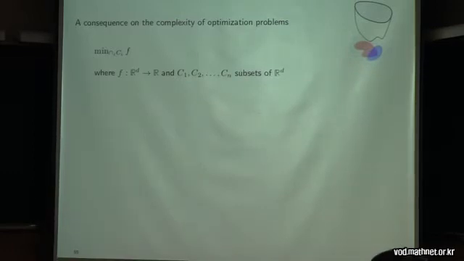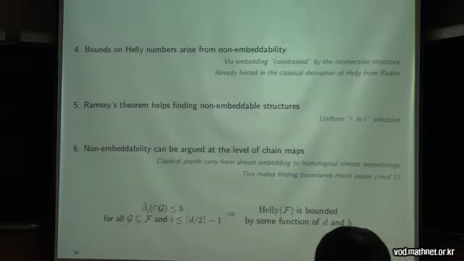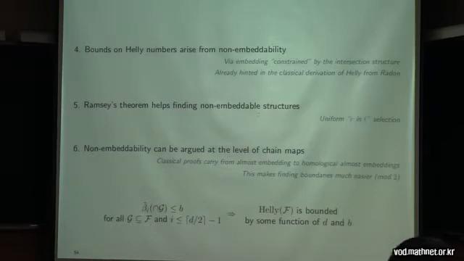So let me conclude with 2 things. First is some reason why I think this matters. Okay. And it may not be obvious when you look at the statement, right? This statement. And the second thing is a few open problems, because I think there are several interesting questions.